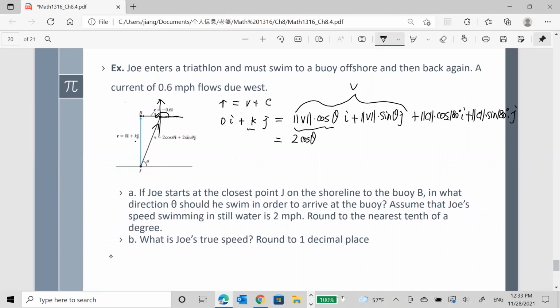Remember you can add the I parts together. Plus the magnitude of C, which is 0.6, times cosine 180.